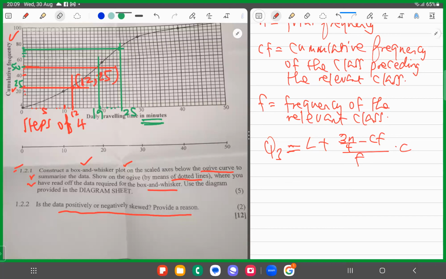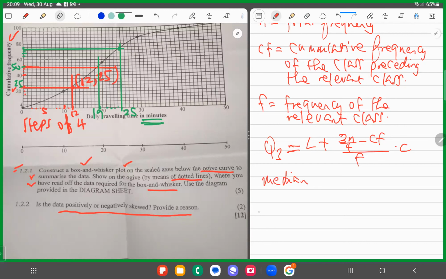But I want to also speak about something: sometimes you might need to find the median. What is the formula for the median? Your teacher might not have given you this, but you can learn this and surprise your teacher when the question comes.